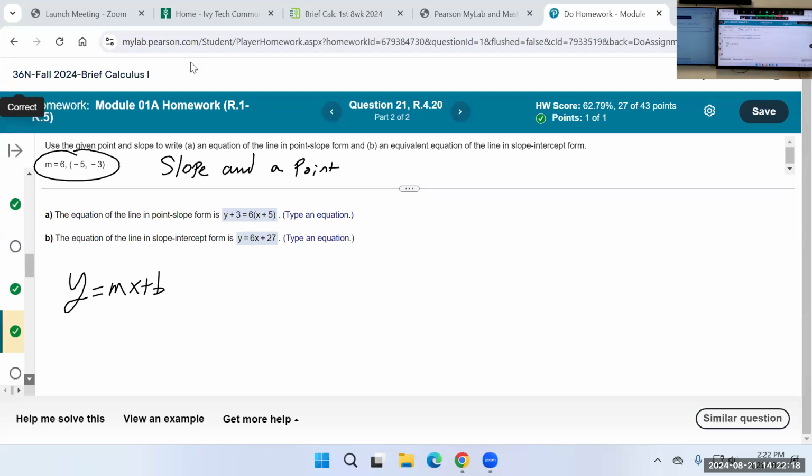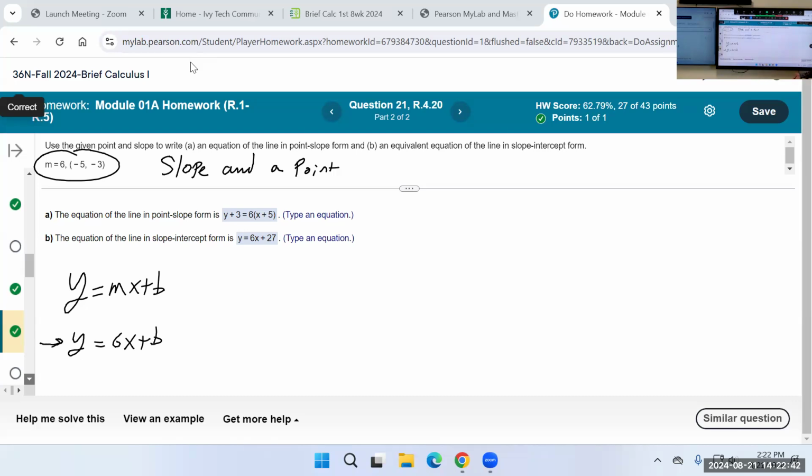They gave me the slope, 6, so I can substitute that. So y equals 6x plus b. I don't know what the y-intercept for this line is because they didn't give it to me, so I'm gonna have to find it. One of the ways I could do that is just plug in the point that they gave me.